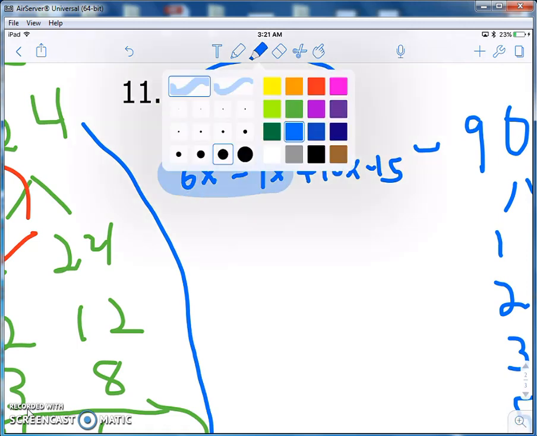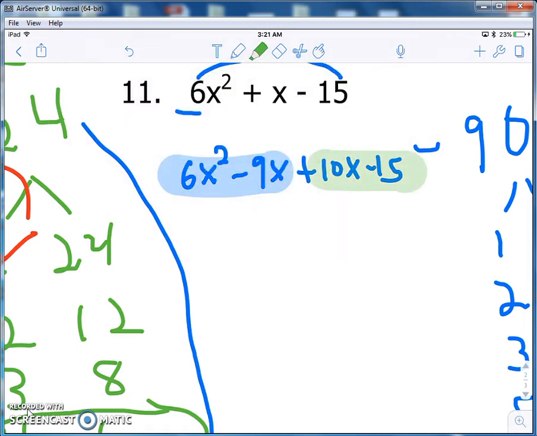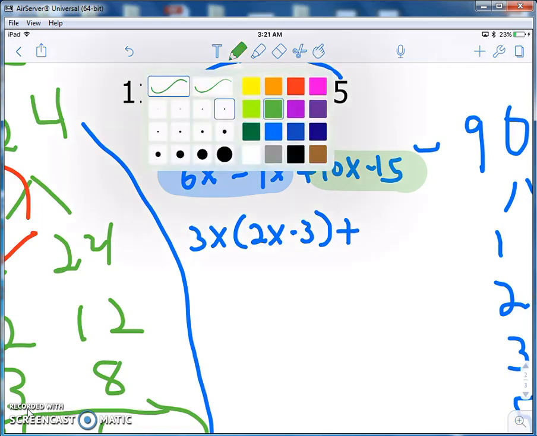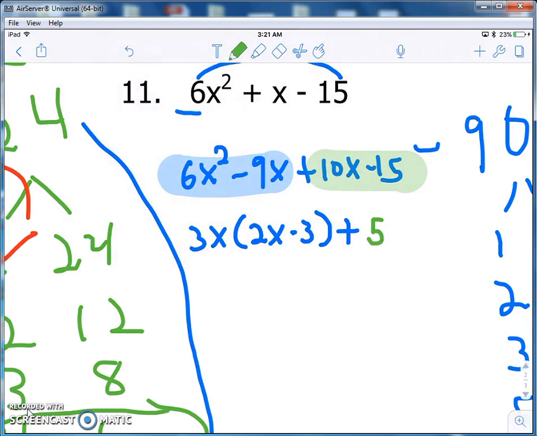First group, second group. In the first group, I'm going to take out a 3x. Gives me 2x minus 3. In the second group, I'm going to take out a 5. And that gives me 2x minus 3.